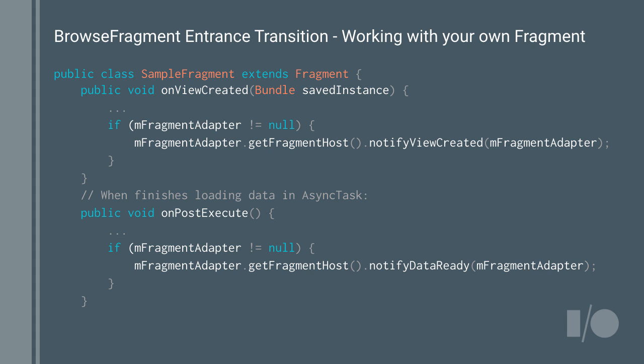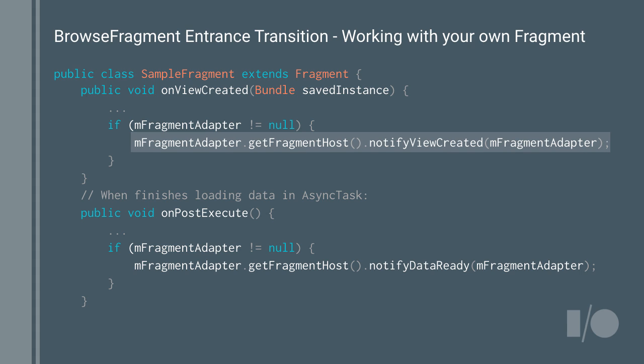Now, because BrowseFragment needs to hide and show views inside your fragment, your custom fragment needs to let BrowseFragment know your view has been created. You do so by calling notifyViewCreated on the fragment host object. And also, because your custom fragment usually has your own data, which can take extra time to load, this data is not the same data inside the BrowseFragment adapter.